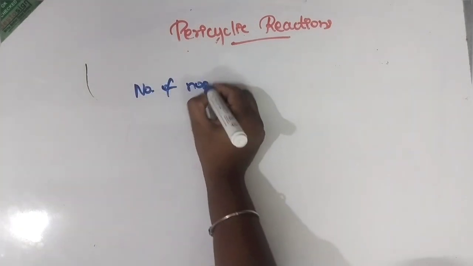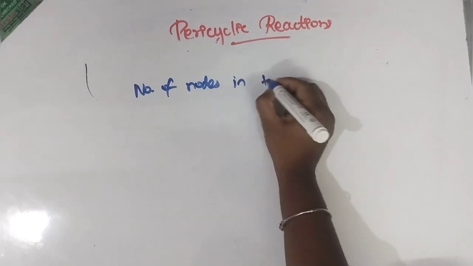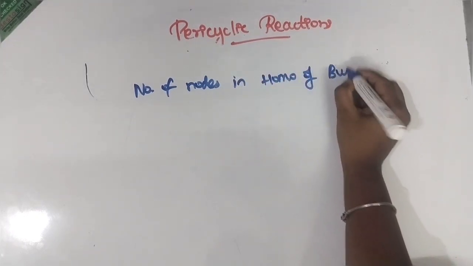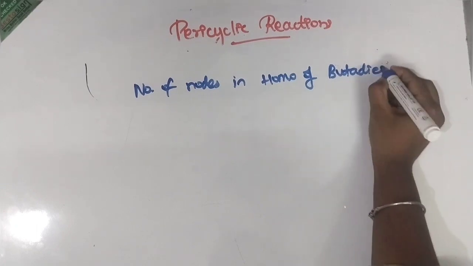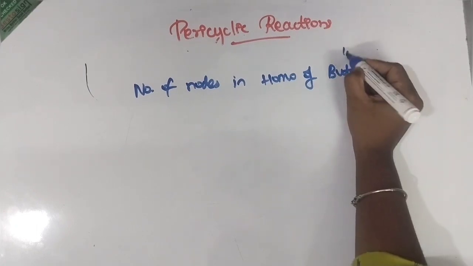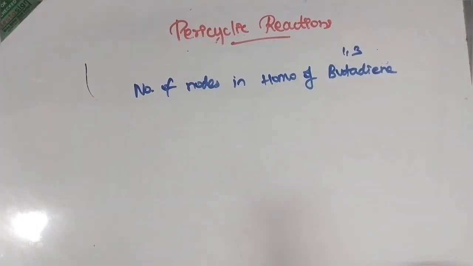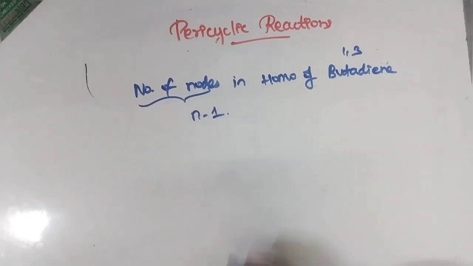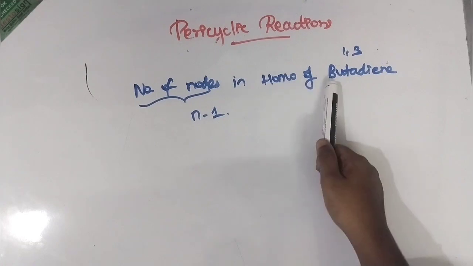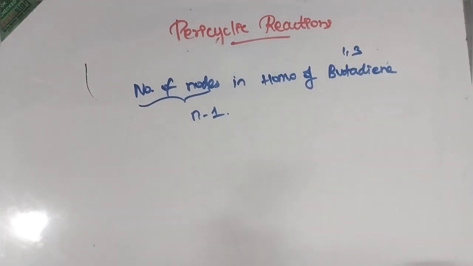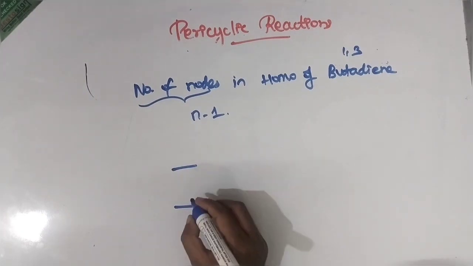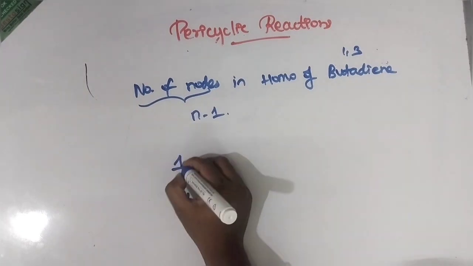Number of nodes in HOMO of 1,3 butadiene. First of all, you know that the number of nodes is n minus 1. But they have given the HOMO of 1,3 butadiene. First of all, you must know what is the HOMO. So 1,3 butadiene will have 4 electrons.